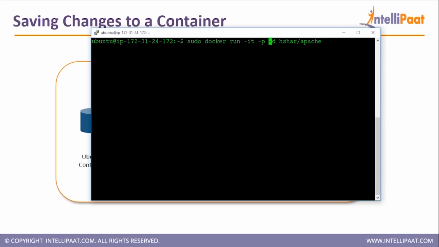But if I want to check if everything is running fine inside the container, I'll have to map the internal port of the container to the outside host operating system.